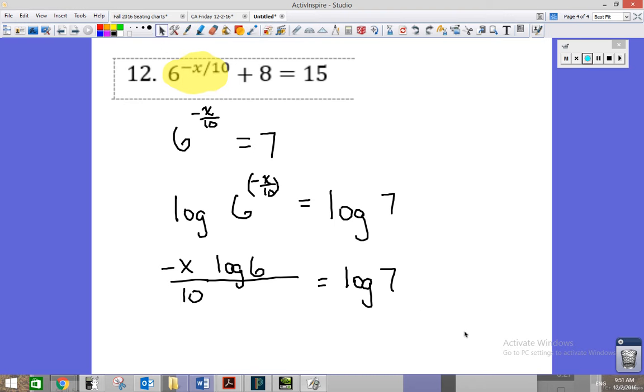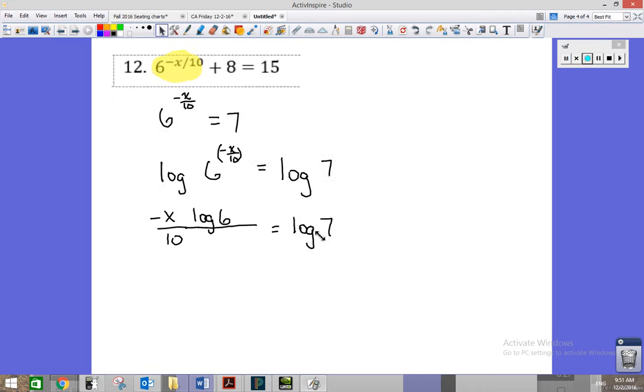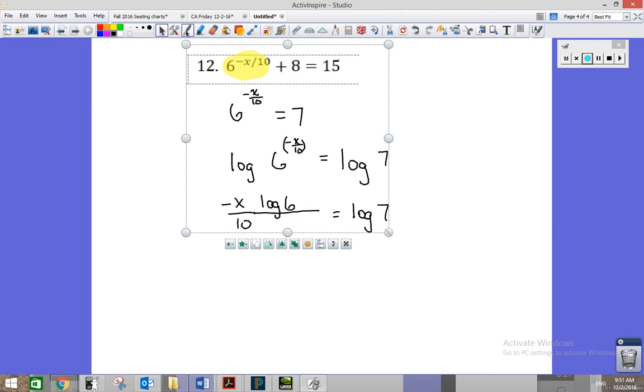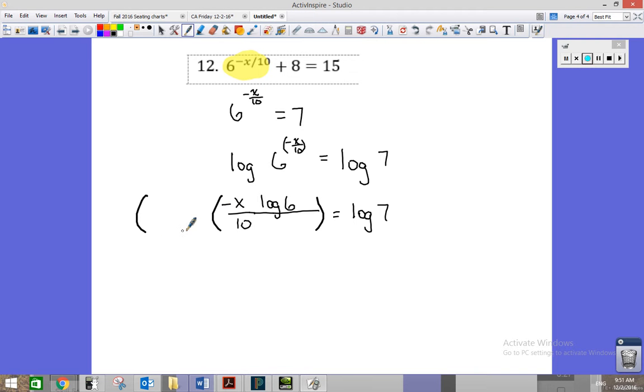Alright. So to get the x by itself, I'm going to multiply both sides of the equation by the reciprocal of these other factors. So I need the 10 in the numerator, the log 6, and I also need to make it negative. So if I'm multiplying that on the left-hand side, I need to multiply this on the right-hand side.